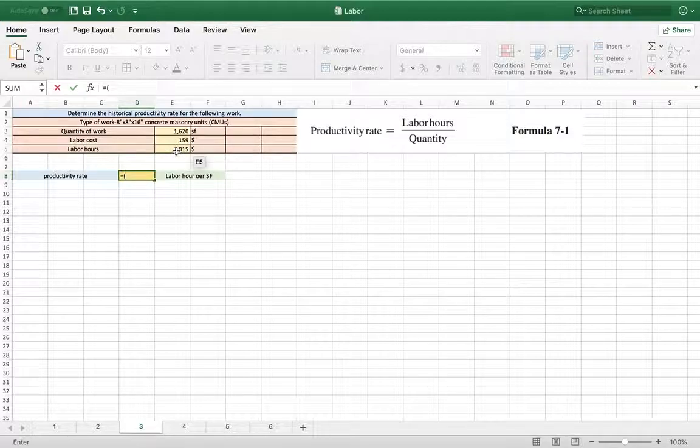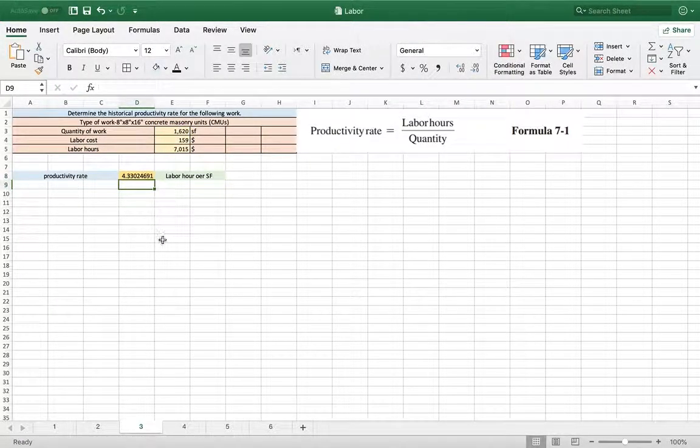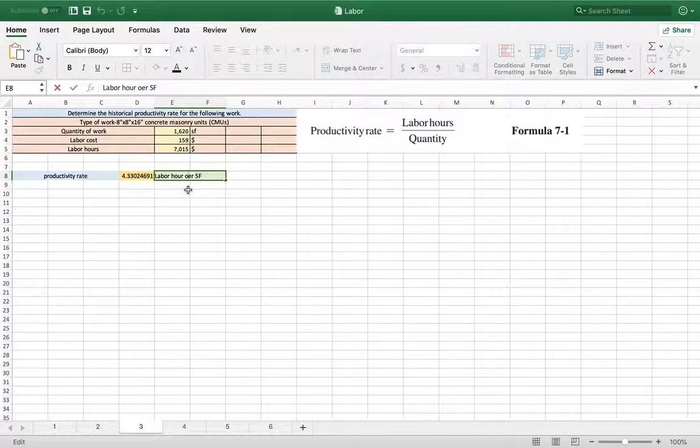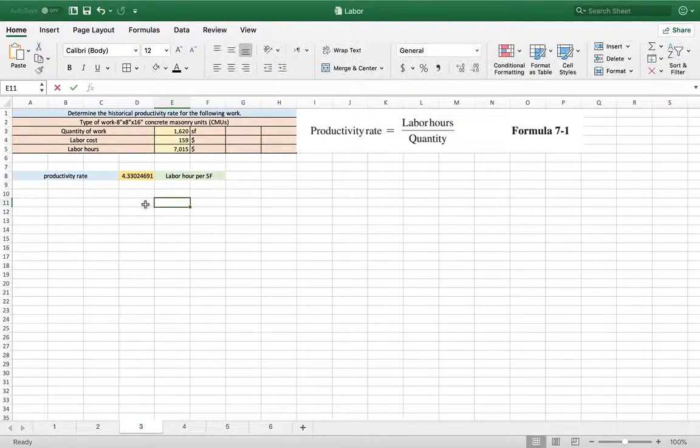So we're gonna labor hours divided by quantity of work, so we're gonna get 4.33 labor hour per square foot.